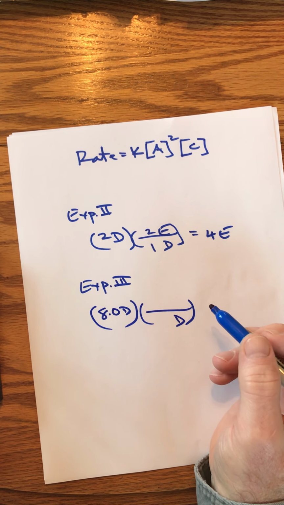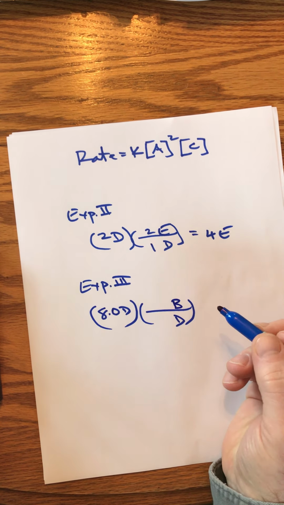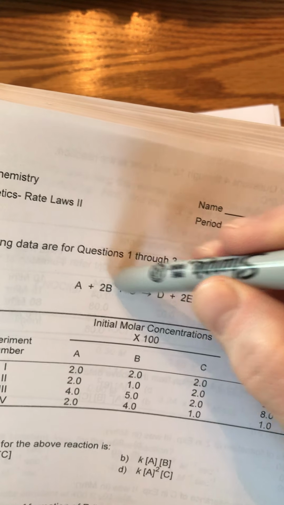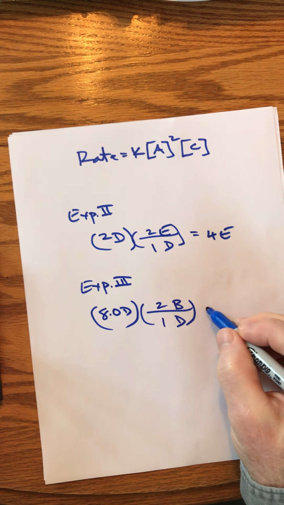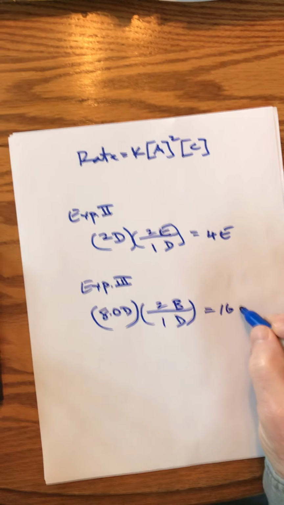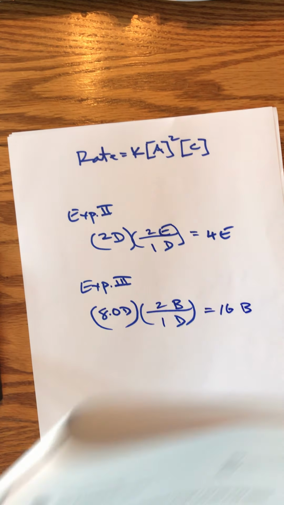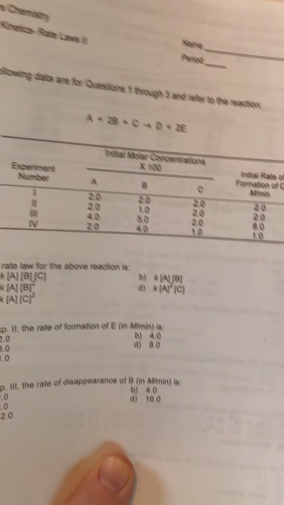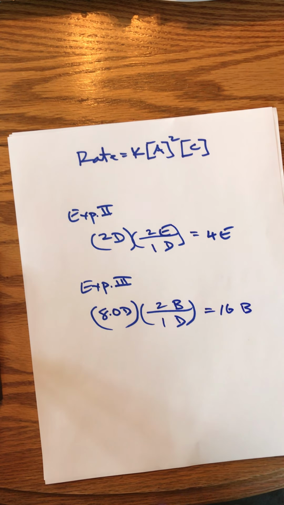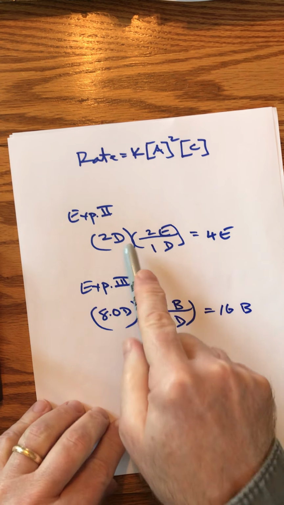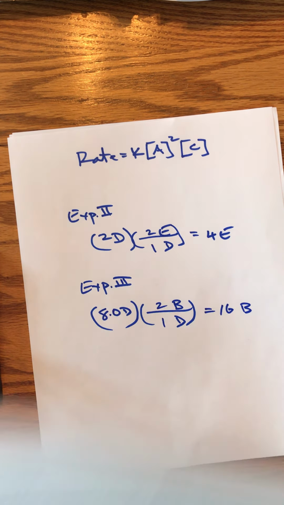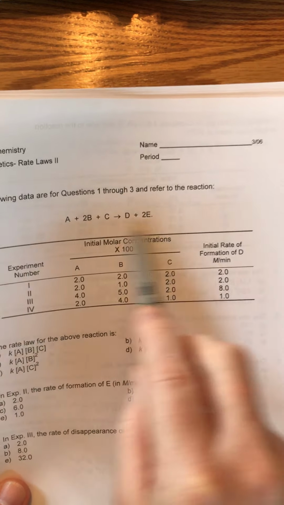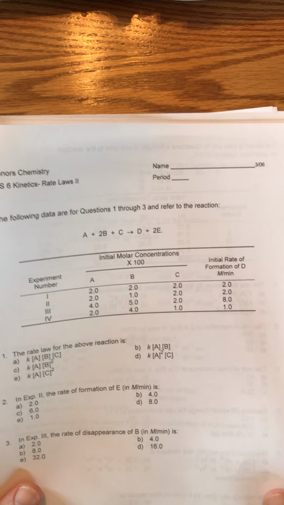They're asking about B. And what's my stoich? 2 B's, 1 D. That would be 16 B's, which would be choice D. So you can apply stoichiometry once you know the rate of formation or disappearance of one of the species. Once you know one of the rates, you know them all. They're all related through stoich.